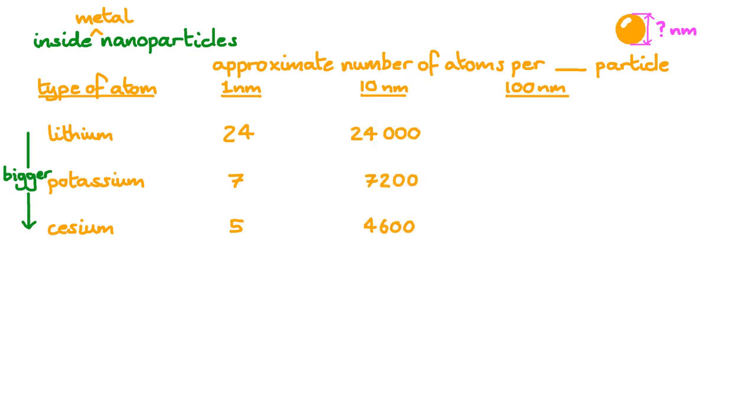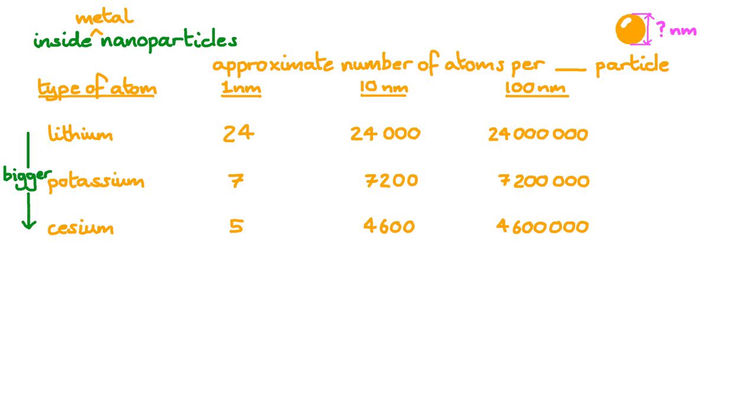We can fit many more atoms into a larger particle, so in a 10 nanometer lithium particle we expect about 24,000 atoms, and in a 10 nanometer cesium particle we expect only 4,600. And we get another big jump when we increase the diameter by a factor of 10 to 100 nanometers, with 24 million lithium atoms or 4,600,000 cesium atoms.